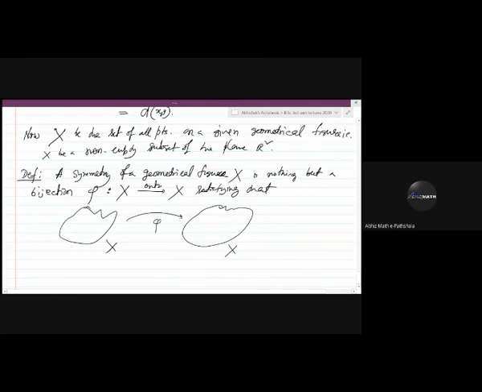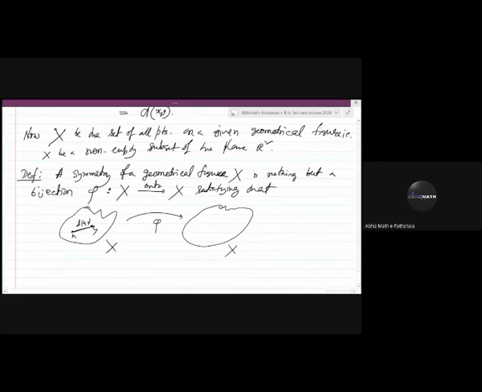So for any 2 points x and y in X, their distance is dxy.